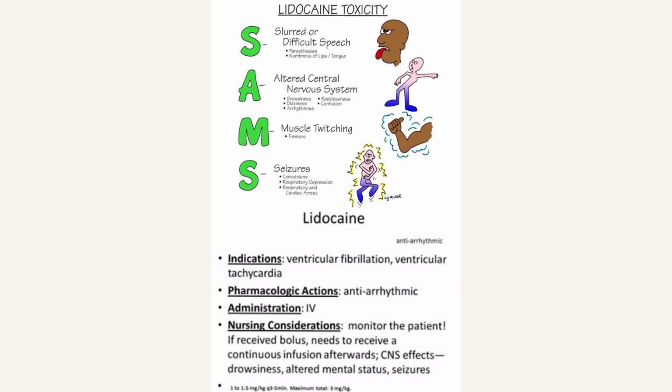So if I said that someone had a ventricular arrhythmia and we gave them lidocaine, they just got however much lidocaine, and now the patient is confused, and I asked what we're going to do about that. What are we going to do first? Stop it. I'm not continuing to give it to them, right?